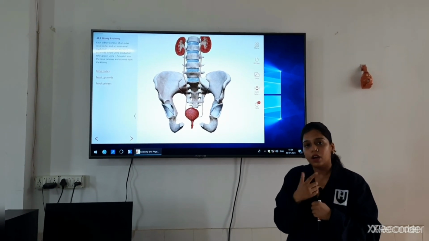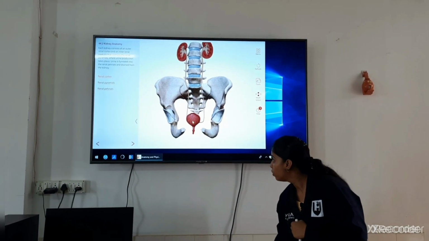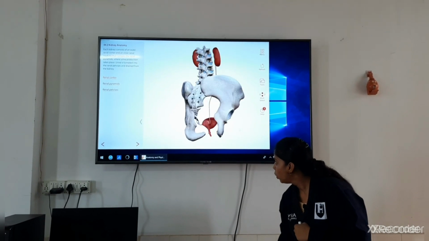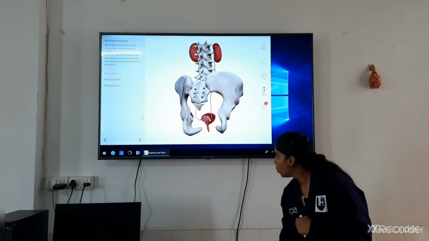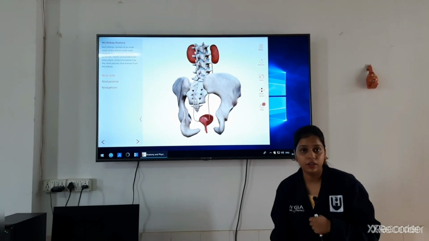Another important structure, when we look at the structure of the urinary bladder, you will find that it has 3 openings, 2 at the posterior end and 1 at the anterior end.